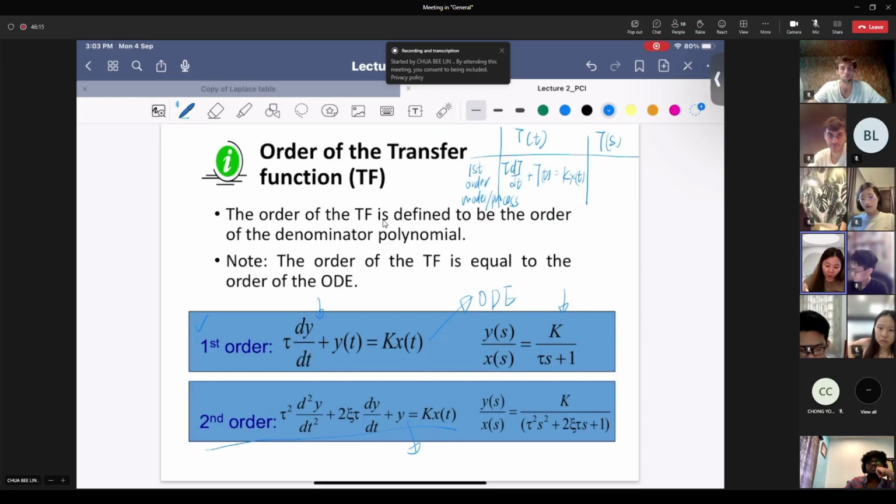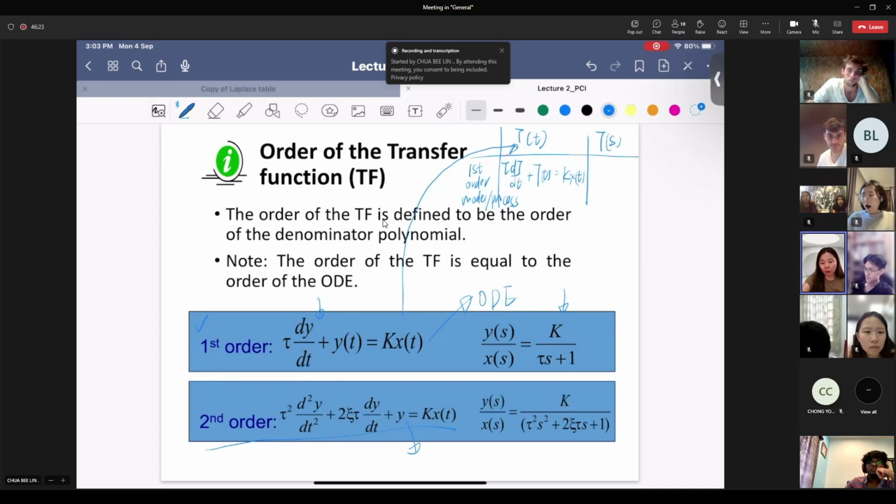I just modified it from this equation. This is the time response first order equation. If it is the s response, then you'll have Y(s) over X(s), both in capital, equals K over tau s plus 1. So this is what we call the default or standard equation for first order.